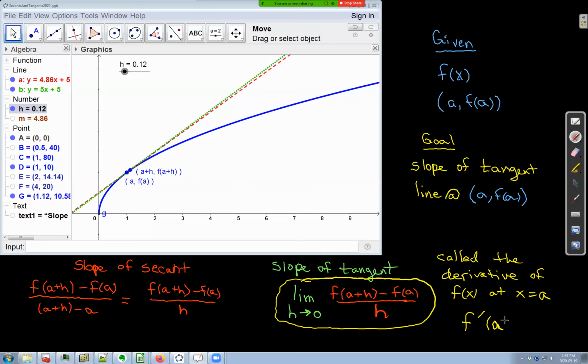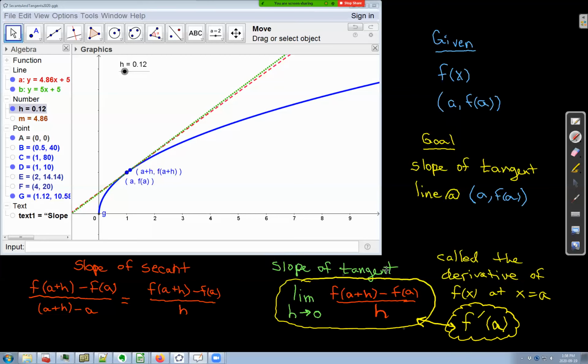So we would write f prime of a. So these two things are exactly the same thing. f prime of a means this limit, and that limit means the slope of the tangent line.